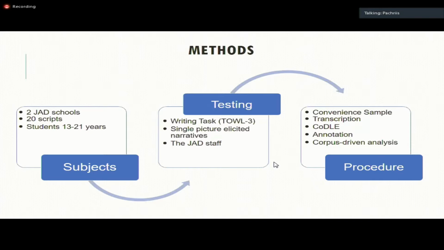Having collected the data, I transcribed it and coded it using AntConc and Clarke. So I wanted to use a corpus-driven approach to see what was happening there rather than make a list of problems.